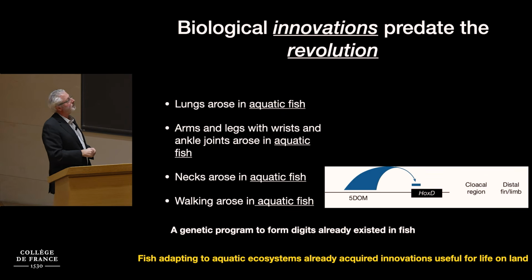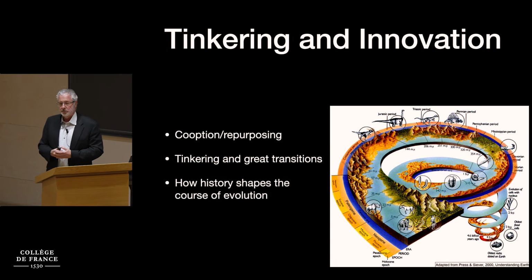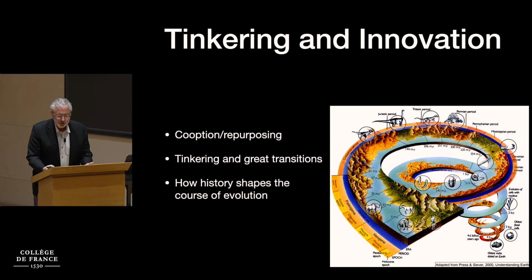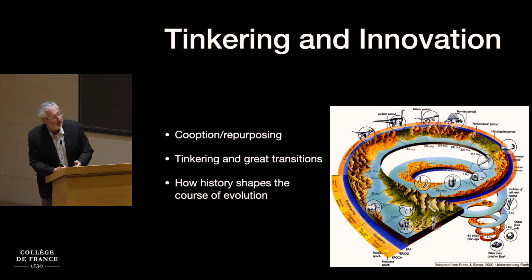So we've talked about co-option and repurposing. We've looked at how features can evolve in one context with one set of functions, and then the big change is not a structural change necessarily, but a change in how that system works or how it's deployed. Maybe it's a genetic system working in a new tissue. Maybe it's lungs working in water versus originally working on land.